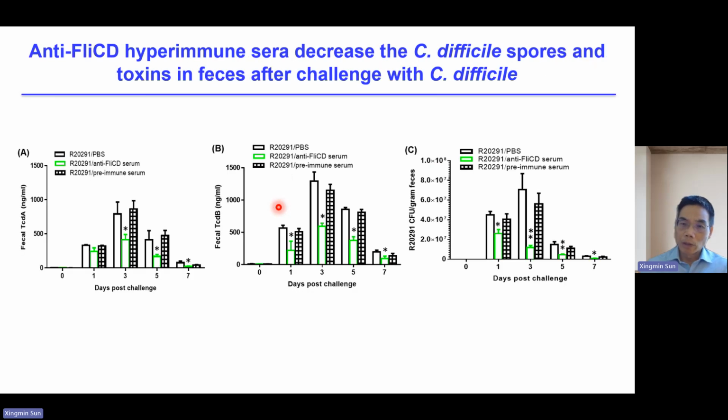We also determined the toxin levels, as well as the C. difficile numbers, in fecal samples of mice administered with anti-FliC serum or a PBS control, followed by challenge with C. difficile R20291. We found there is a significant reduction in toxin A, toxin B, as well as R20291 spore number in fecal samples.